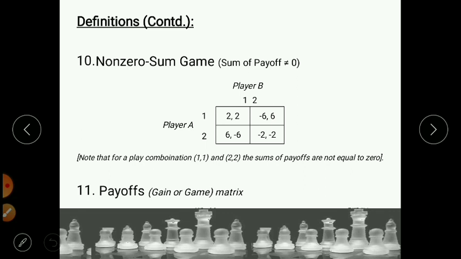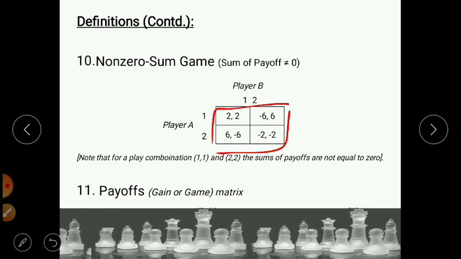For example, let's say I have taken the example of a house or a kitty party that receives or makes some payment, and a payoff matrix for such a game can be represented by this 2 by 2 matrix.